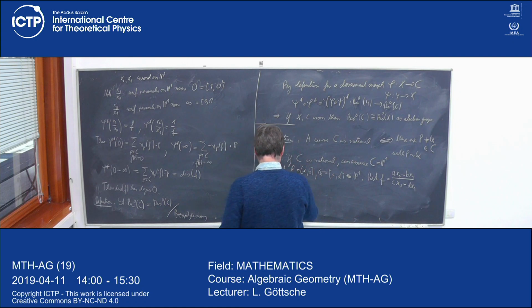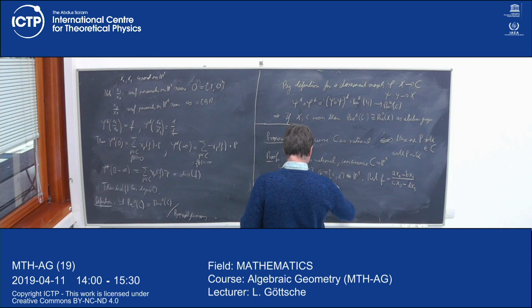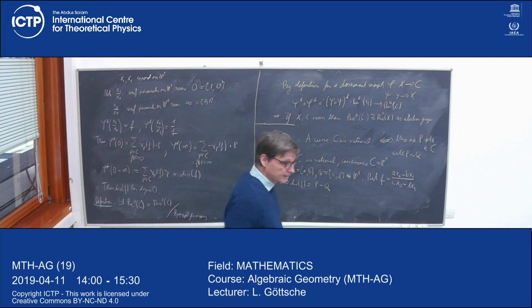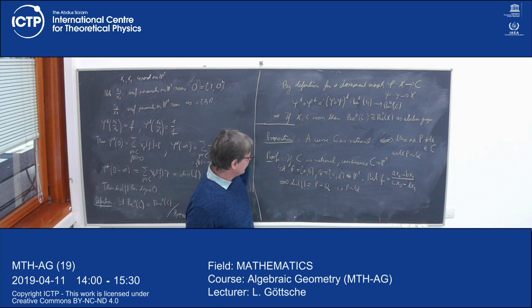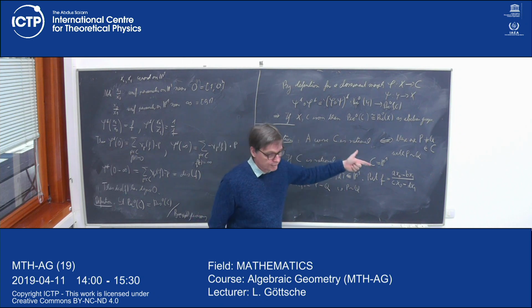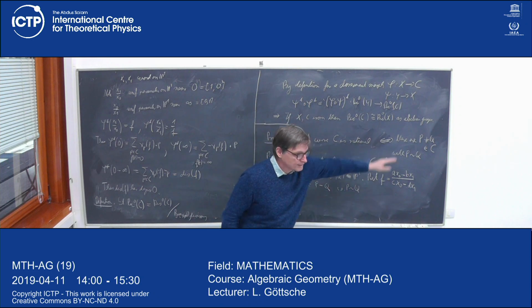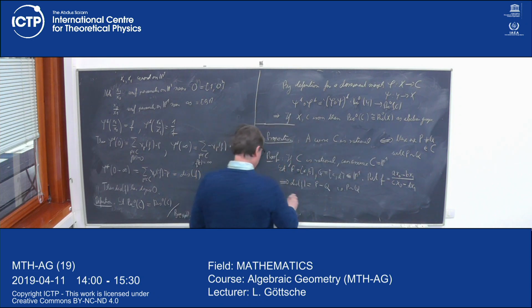So it follows that the divisor of F is equal to P minus Q, and so P is linearly equivalent to Q. So here we have a stronger statement. If C is rational, then any 2 points are linearly equivalent, which is more than what is stated here. So this was this direction.